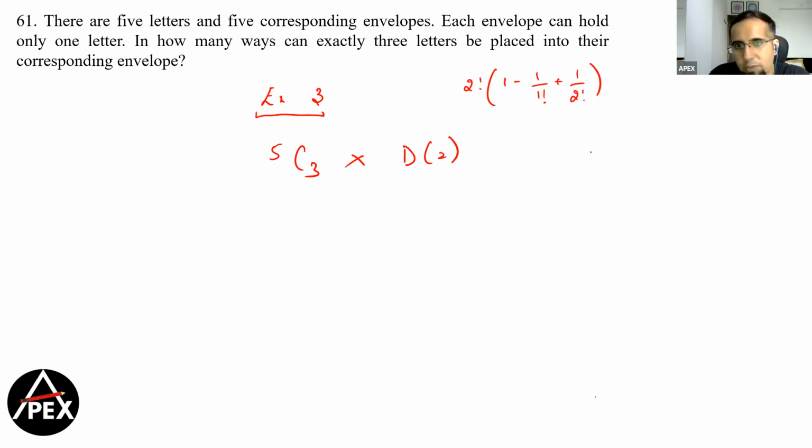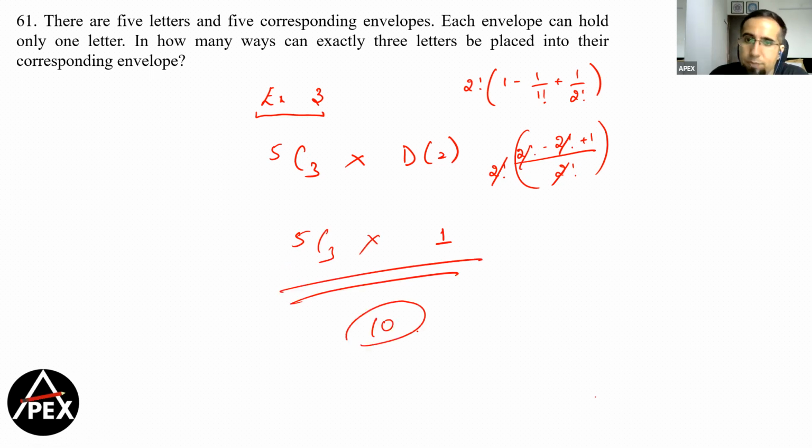Clear, guys? And that's going to be how much? The denominator is going to be 2 factorial. This is going to be 2 factorial minus 2 factorial plus 1 into 2 factorial. This gets cancelled, this gets cancelled. So there's only one way of the remaining 2 not to get into the correct ones. So therefore, the answer here becomes 5C3 into 1, which is going to be 10 ways.